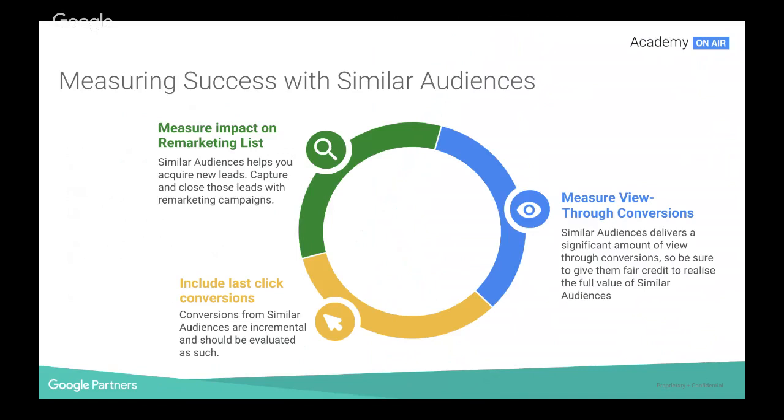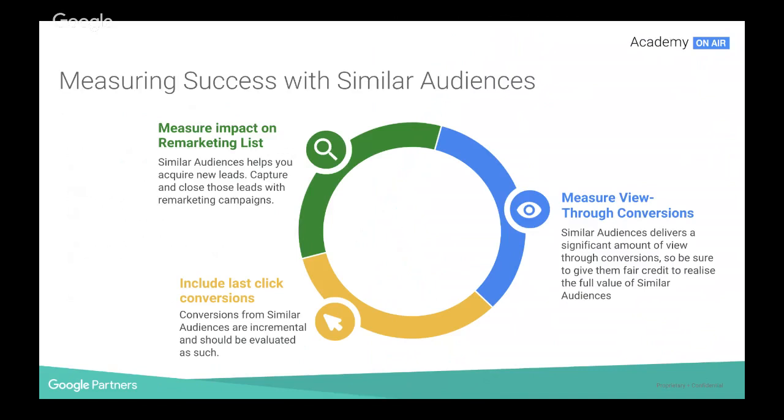When we talk about a similar audience campaign, or similar audiences on search, we're talking about reaching out to users that have never been on your website before. Those users will not behave differently than any other type of user. We saw that 96% of users leave a website without converting.